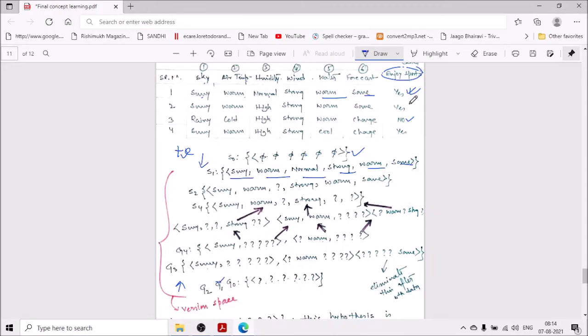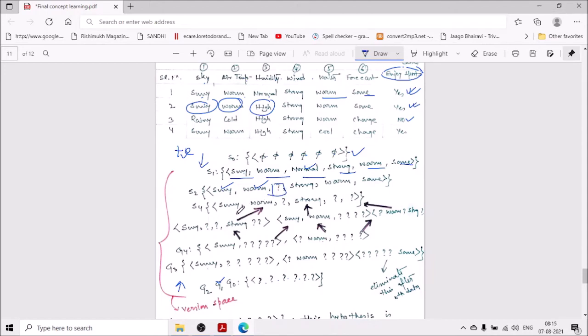You just take the second data. Now compare sunny with this sunny, both are the same, keep as sunny. Warm with warm, keep warm. High with normal, now it's different, use the question mark.